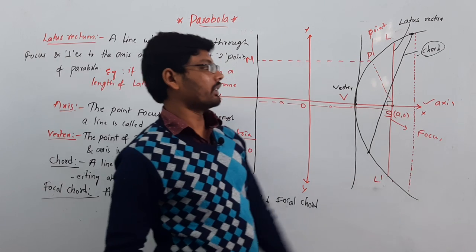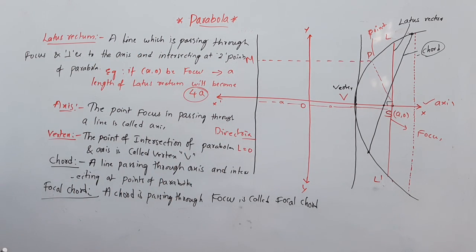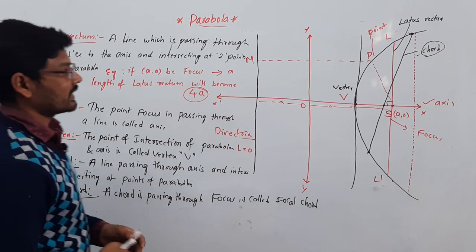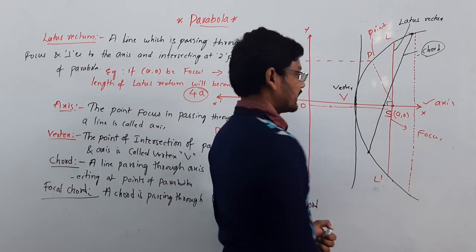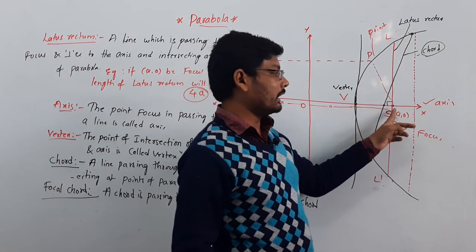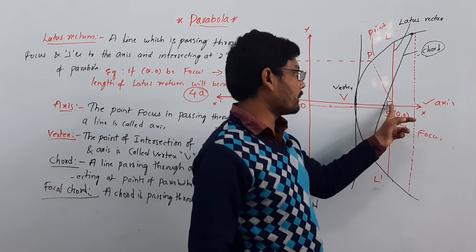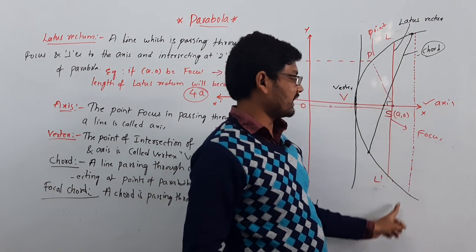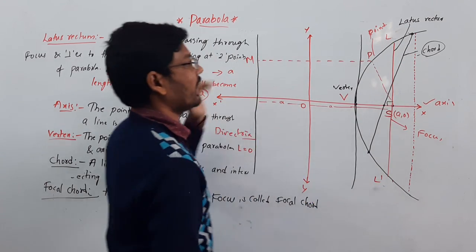Length of latus rectum becomes 4a. So latus rectum is a line passing through the focus and perpendicular to the axis and intersecting at 2 points of the parabola.